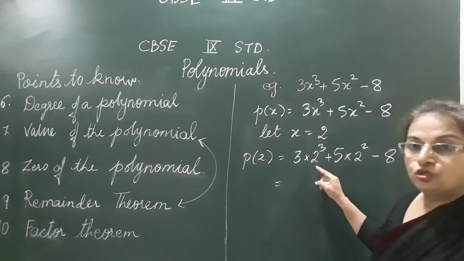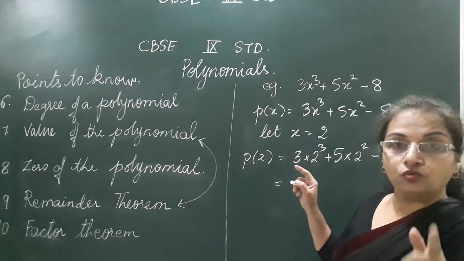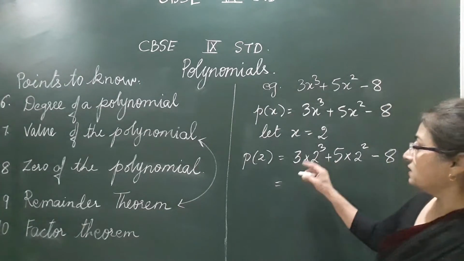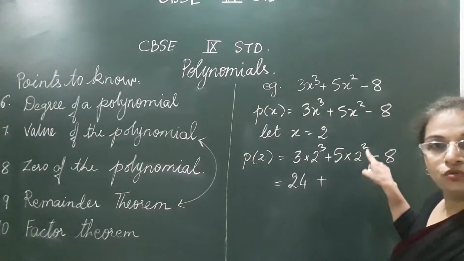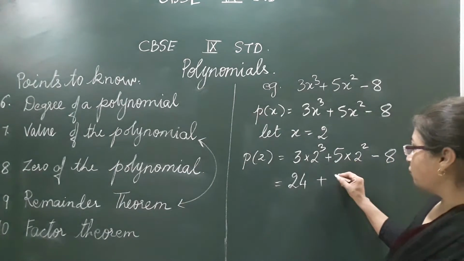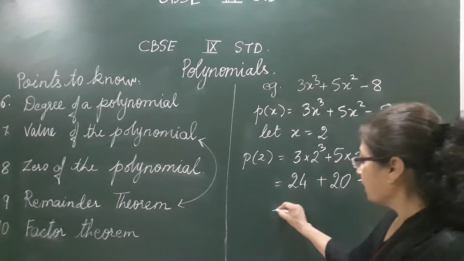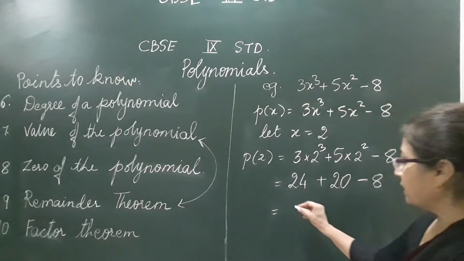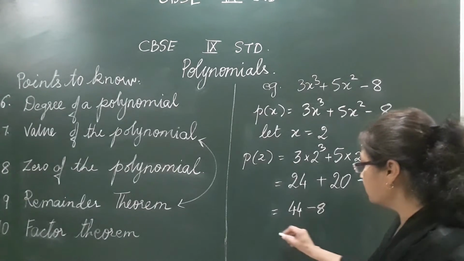So 2 raised to 3 is 8 because 2 into 2 into 2 is 8. 8 3s are 24, plus 2 squared, 4, 4 into 5, 4 5s are 20, and minus 8. So here 24 plus 20 gives me 44, and 44 minus 8.